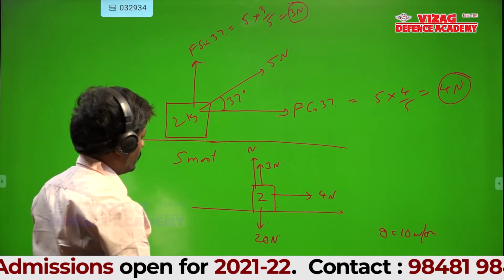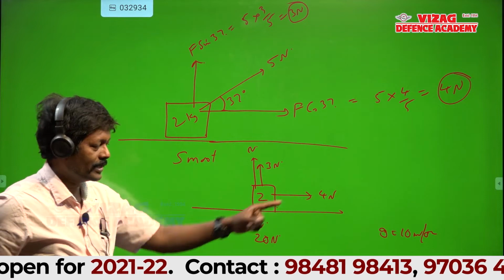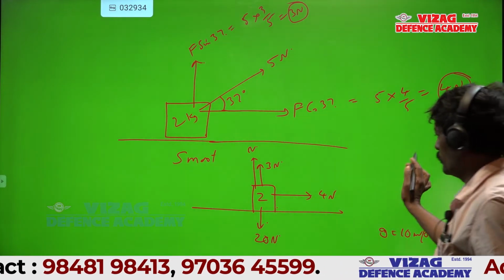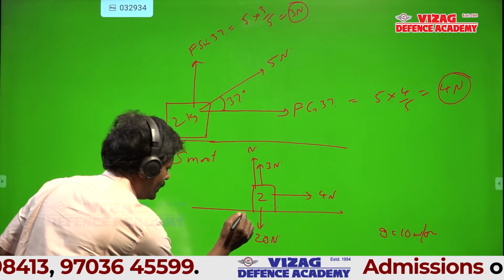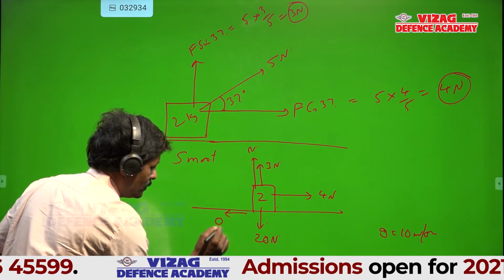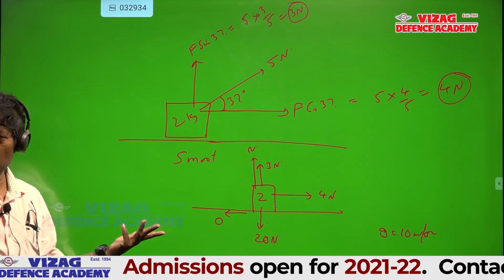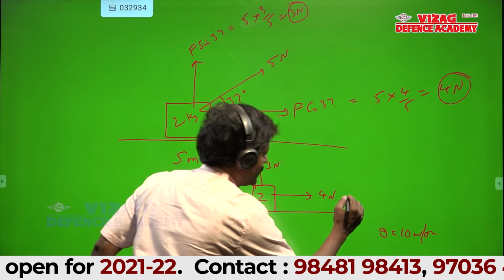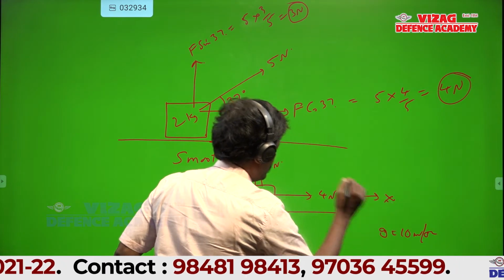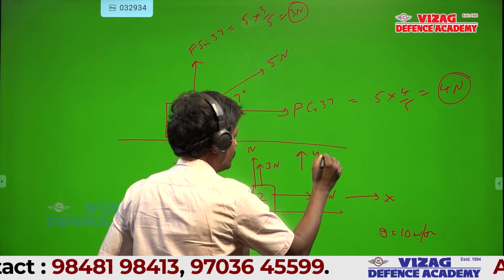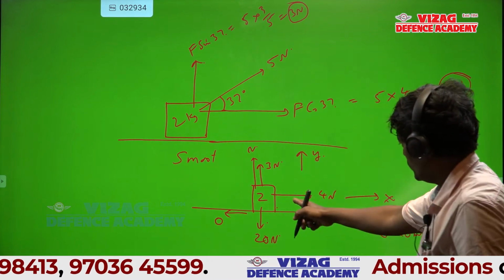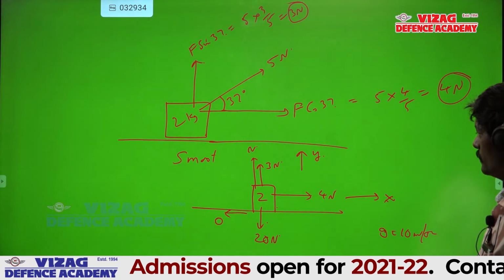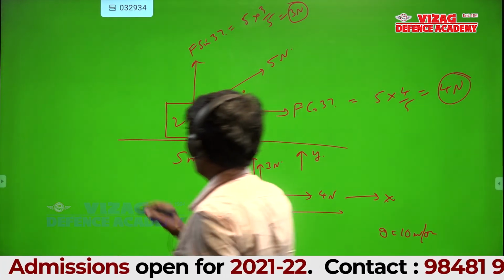Now listen. What is the force in the direction of motion? 4 Newton. Is there any friction this side? No friction. So acceleration, this I will call as x direction and this I will call as y direction. In the x direction, what is the force? That I will call Fx.